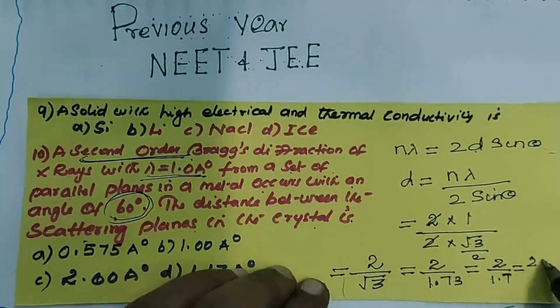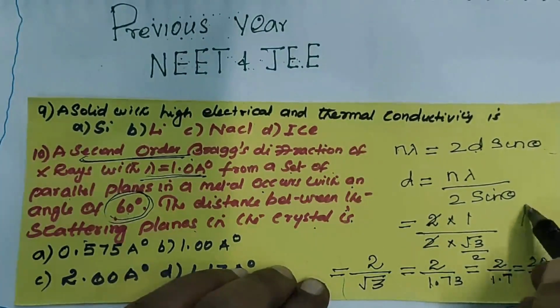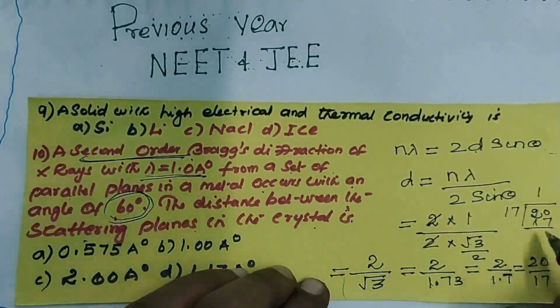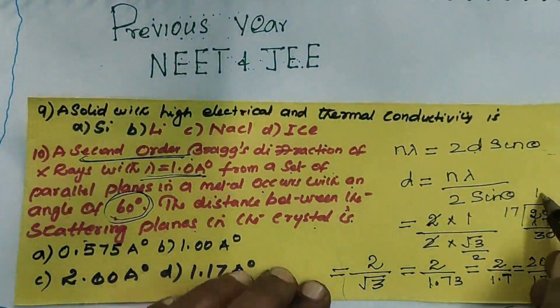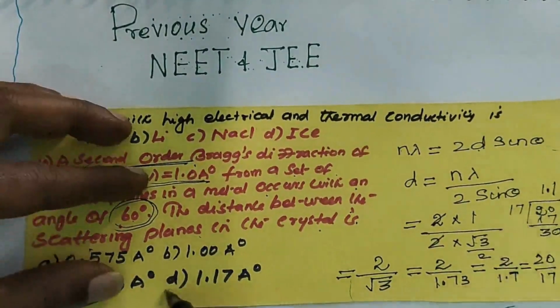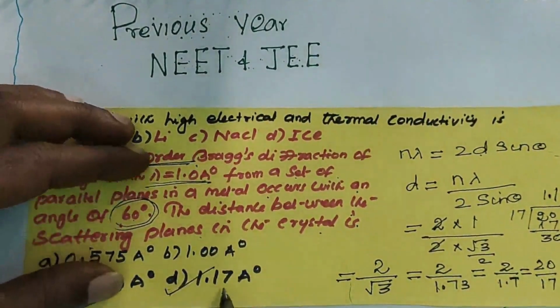So 20 by 17. Dividing gives 1.17. So the answer is around 1.17.